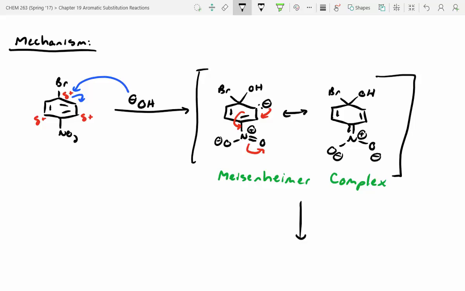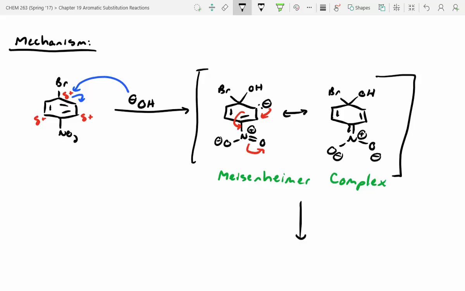So in this case, it's going to dump electron density onto this carbon and that carbon and that carbon. This is going to be attracted to an electron deficient carbon, which isn't going to be this position or that position. However, the bromine through induction is pulling a little bit of electron density away from that top carbon, which means it's going to be most susceptible to attack.